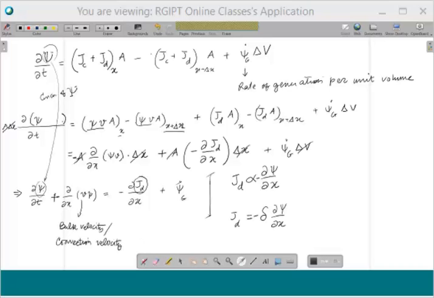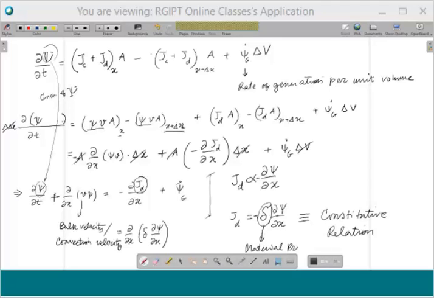So that would give us del by del x of delta del psi by del x. This would basically be your constitutive relationship that defines one of the material properties, delta.